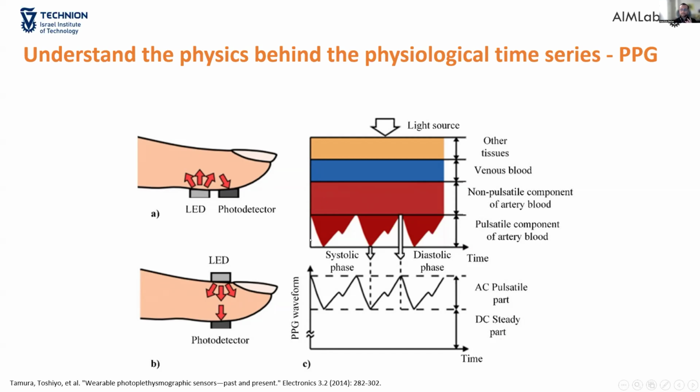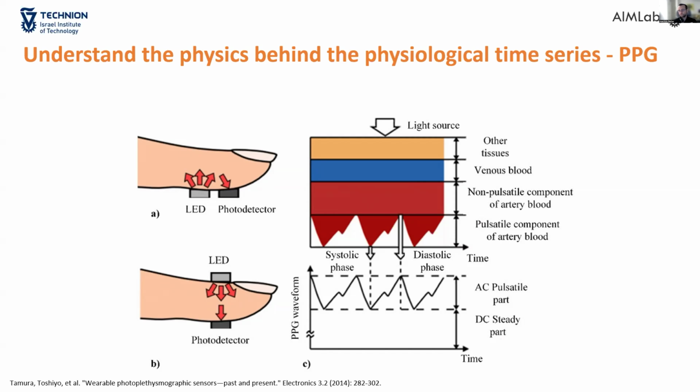Now, I mentioned pulse oximetry. Very briefly and simply, pulse oximeters are measuring what we call SpO2, oxygen saturation. Oxygen saturation is a ratio of oxygenated hemoglobin over the total hemoglobin. So there are two unknowns.